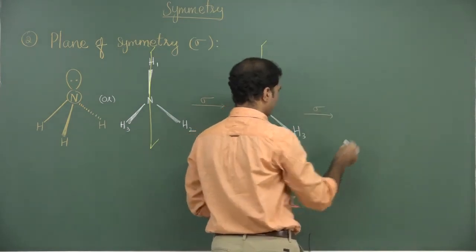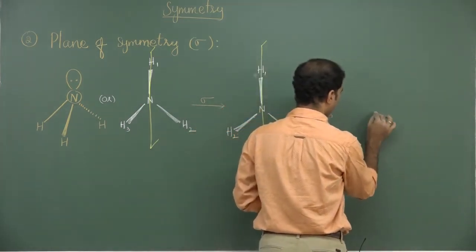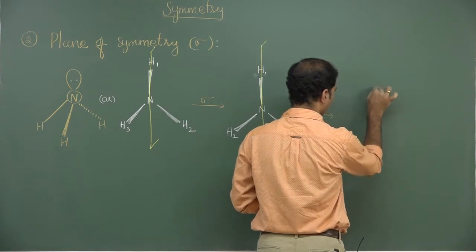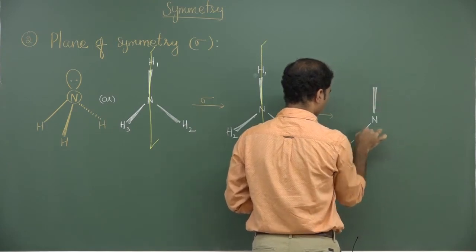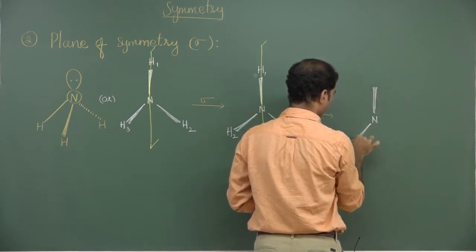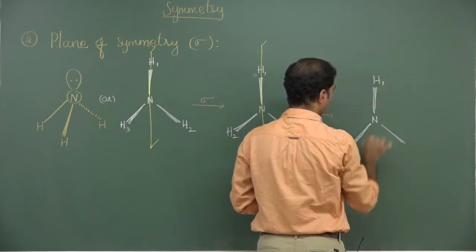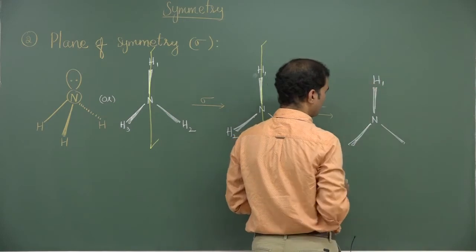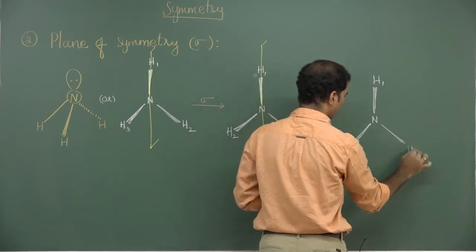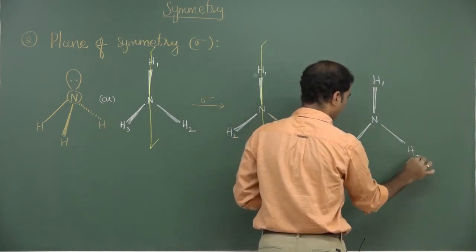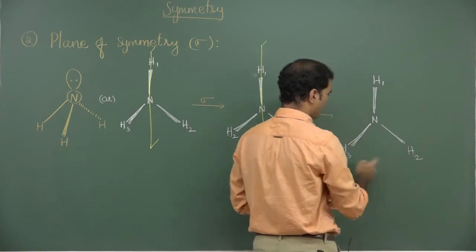As I pass this, H1 remains there within itself, though there is a reflection. 2 and 3 are getting exchanged again.